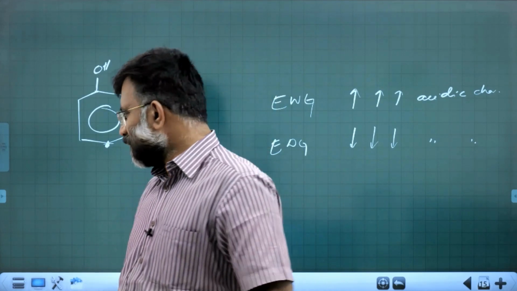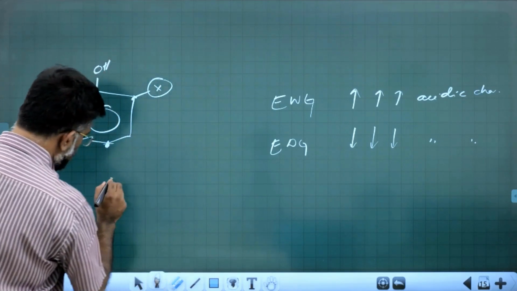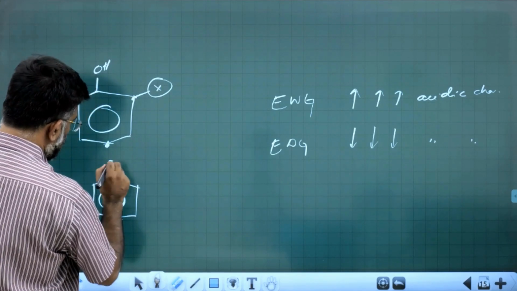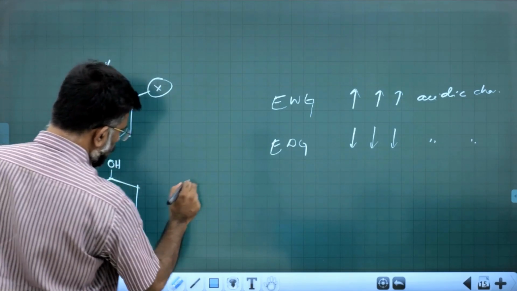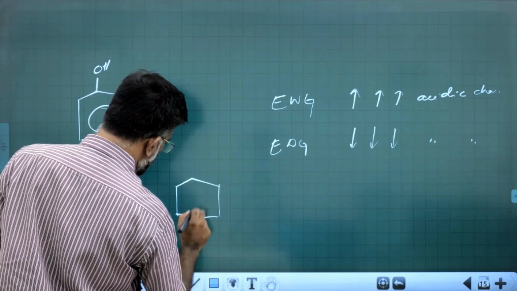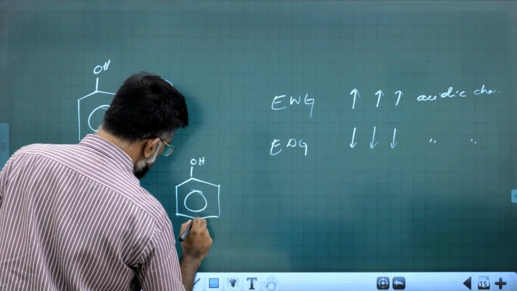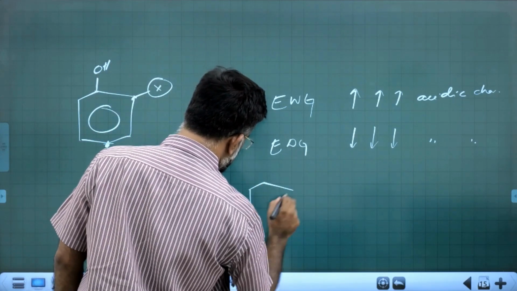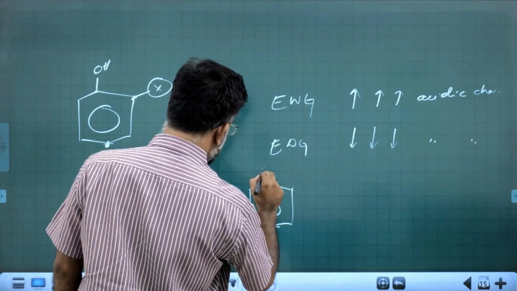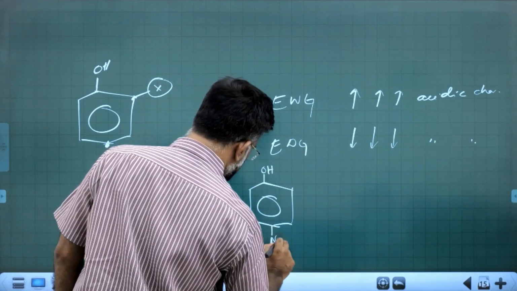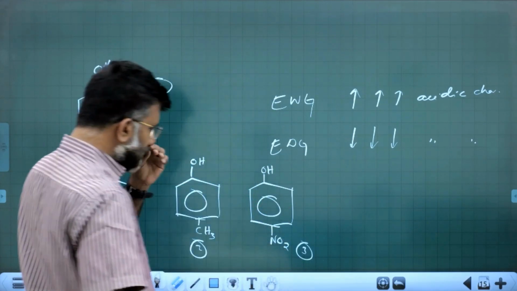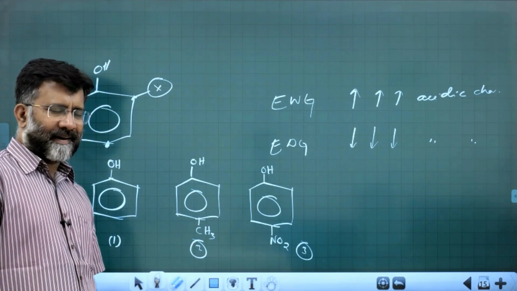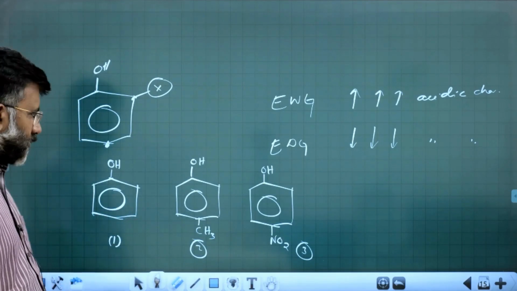Okay. Suppose we are comparing three molecules. Number one, phenol. Number two, cresol, say paracresol. And number three, nitrophenol. When you compare the three molecules, it is very simple to understand the nature of acidic character in the relative three molecules, which is most acidic.